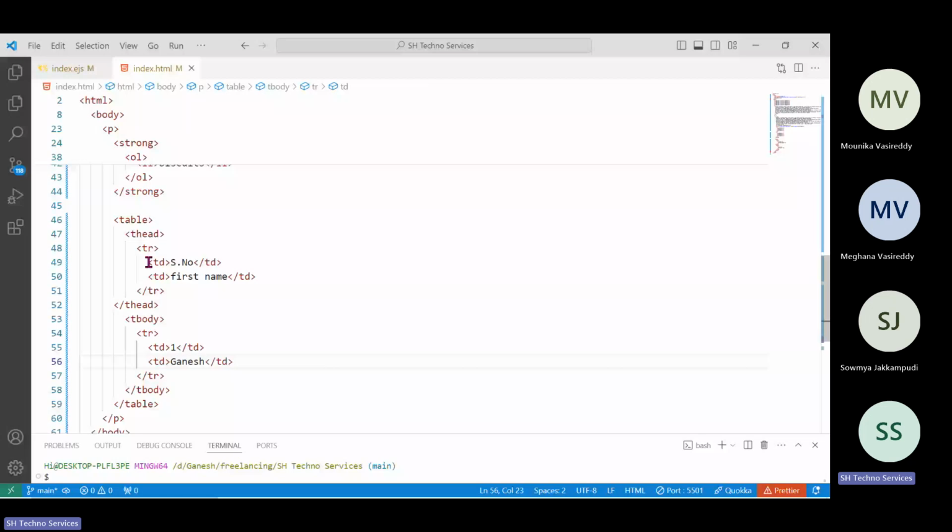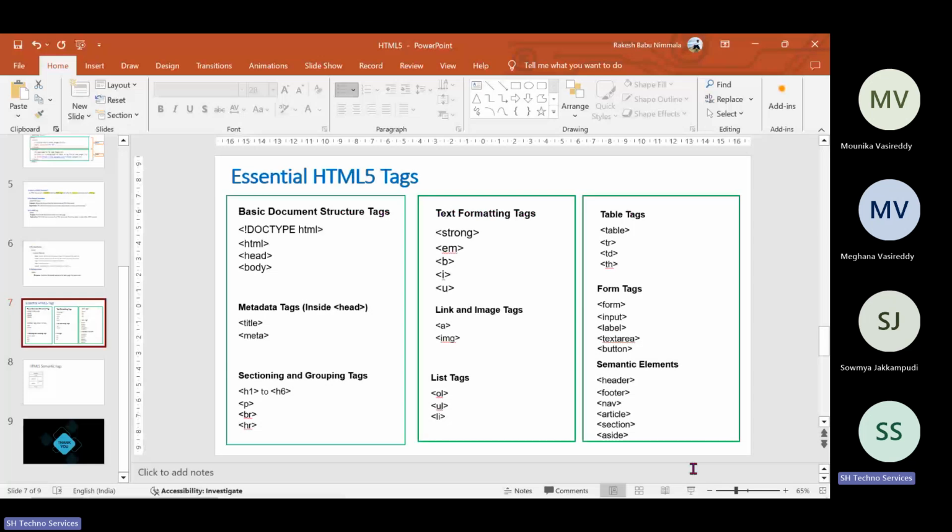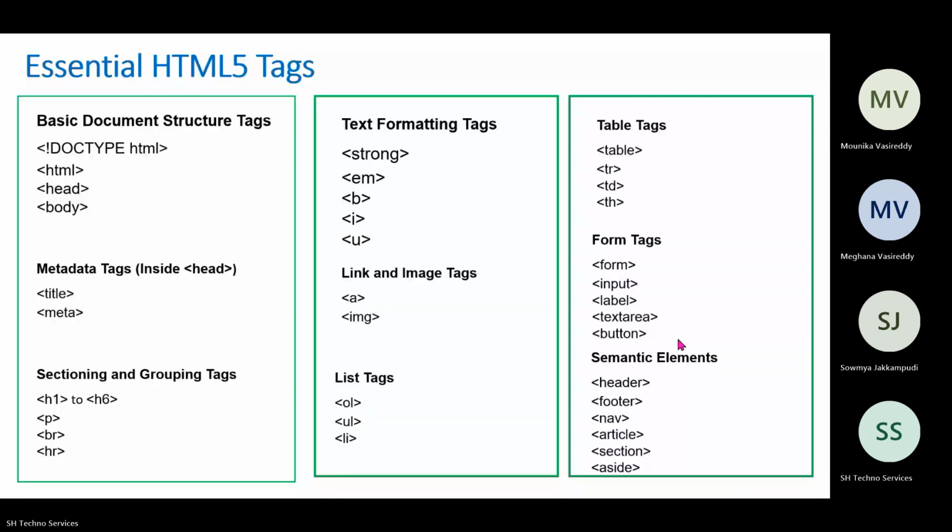next one is the form tag. In a table we have table row, TD, TH. And the next one is the form tag.